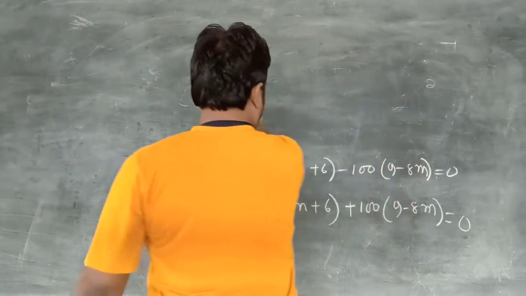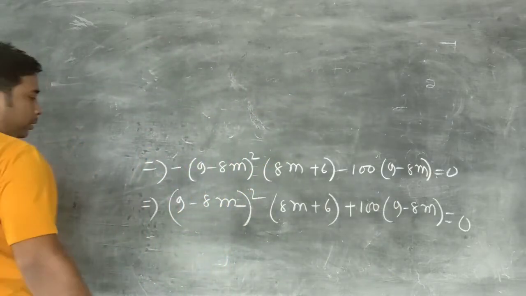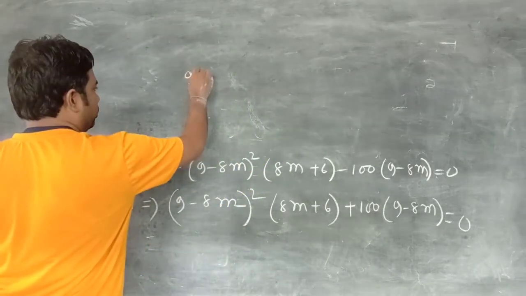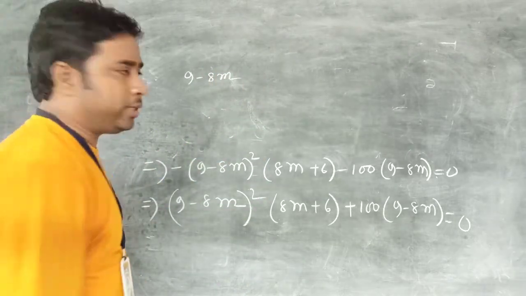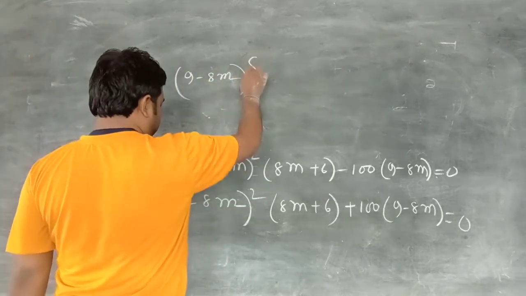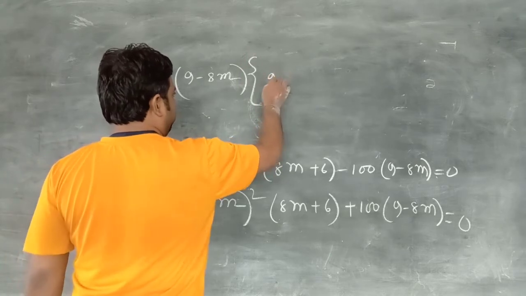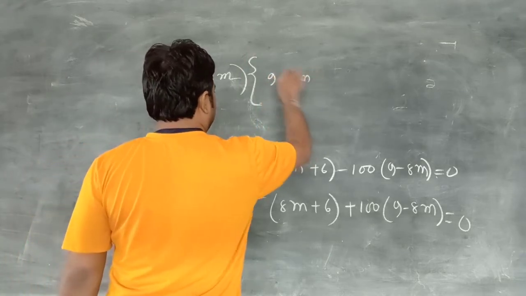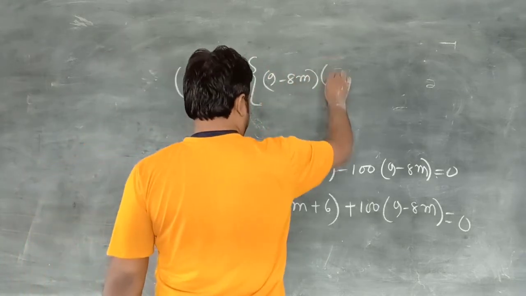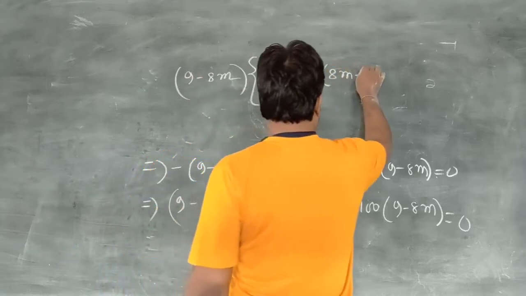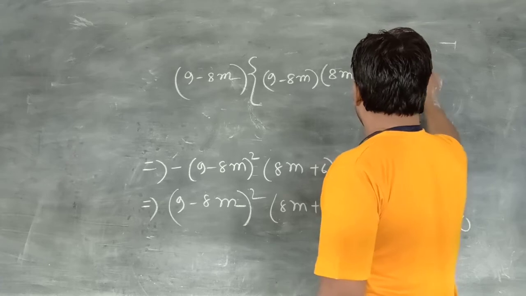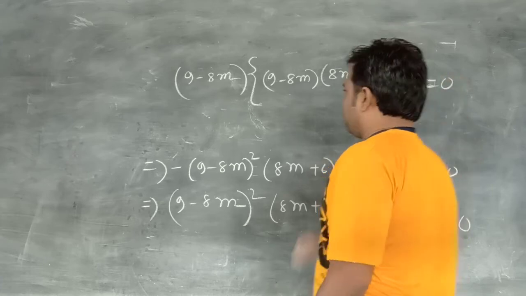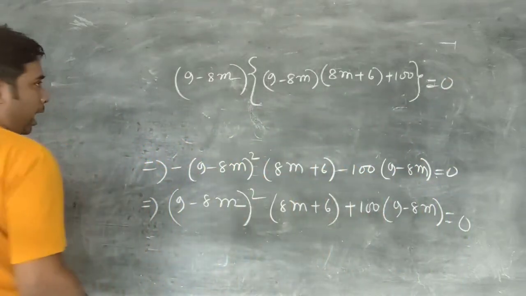So let us take 9 minus 8m common. If we take 9 minus 8m common, what will be left from here? 9 minus 8m into 8m plus 6 plus 100 equal to 0. So if we solve it, we can take either-or.